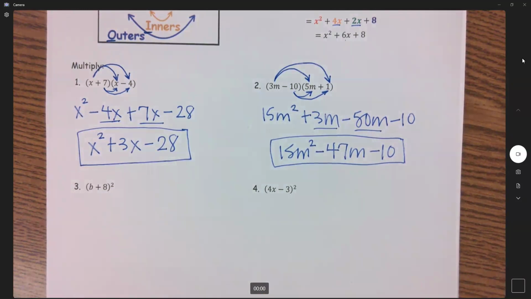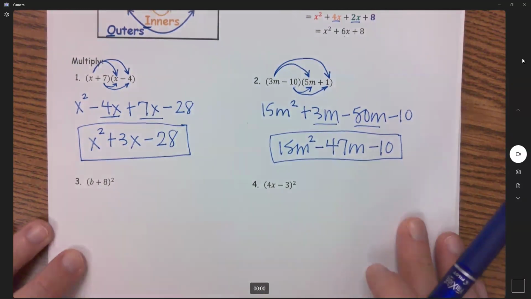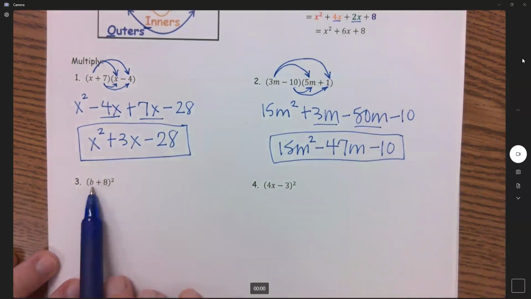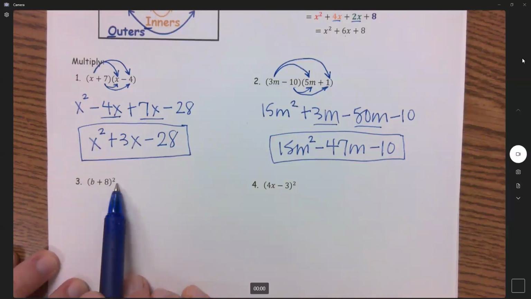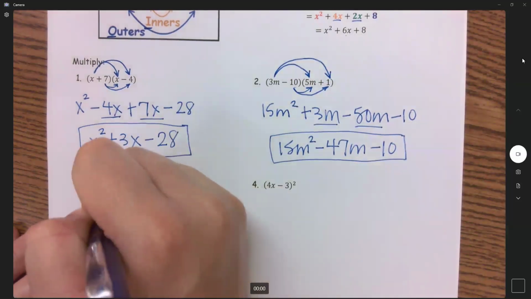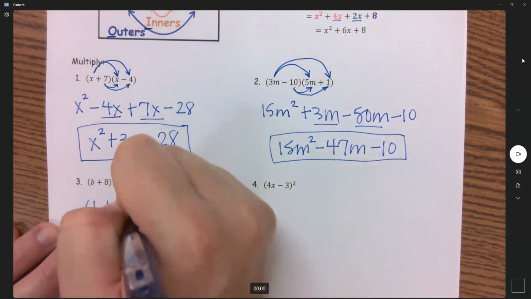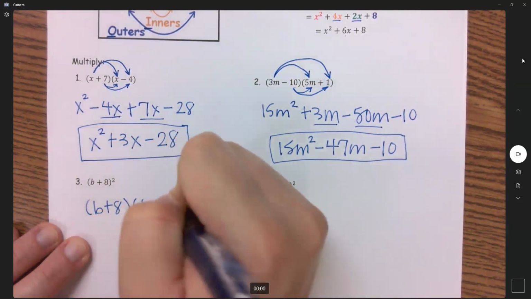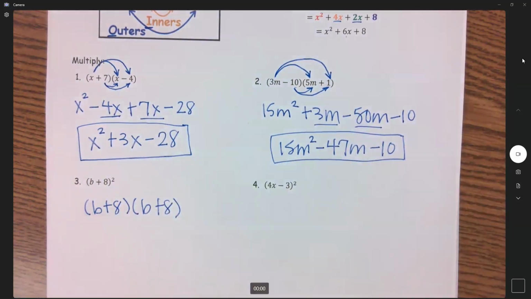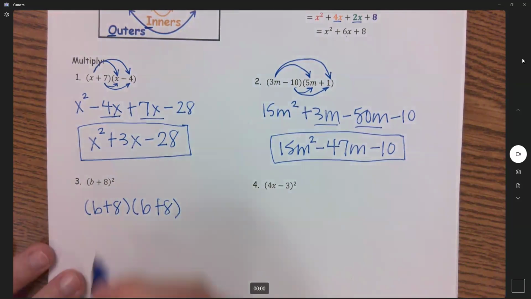look different, but they're the exact same. All we have to do here is expand this out. b plus 8 quantity squared is the same thing as b plus 8 times b plus 8. So now I need to use FOIL. After you expand it out, FOIL it.